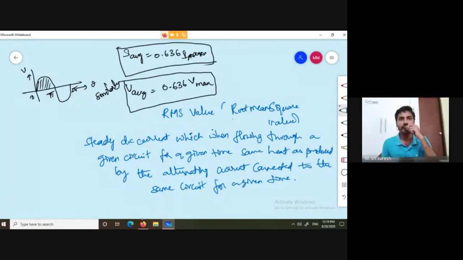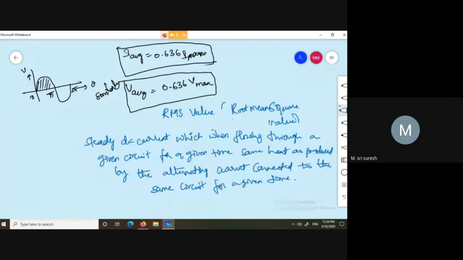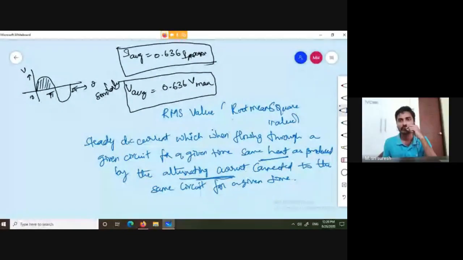So it is defined as a steady DC current which when flowing through a given circuit for a given time produces the same amount of heat as produced by the alternating current connected to the same circuit for a given time. So that means in the average value, we are using a circuit which is connected to a DC source, and it generates a charge.